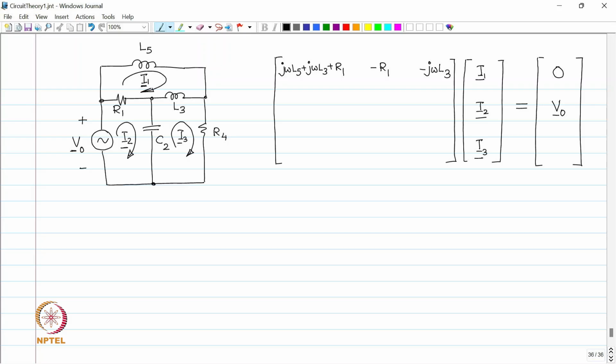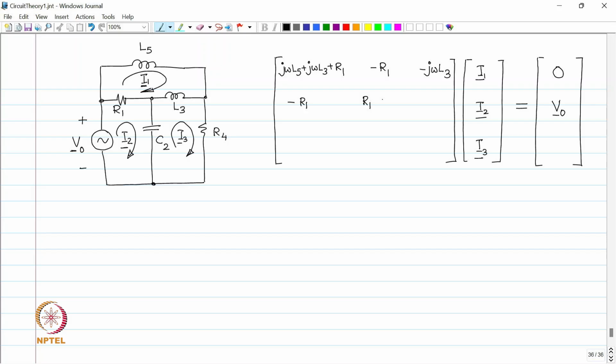Then drop across R 1 is I 2 minus I 1 into R 1, and then drop across C 2 is 1 upon j omega C 2 into I 2 minus I 3.